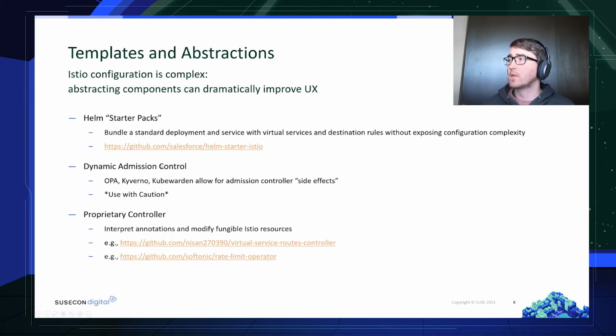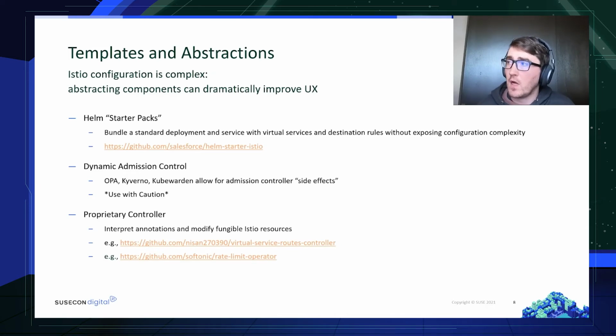The next situation that I want to talk about is using dynamic admission control to enhance your Kubernetes components into more of a service mesh perspective. For example, if you're familiar with Kyverno, Kyverno has the ability, with a webhook, to generate resources based on the modification of another resource.